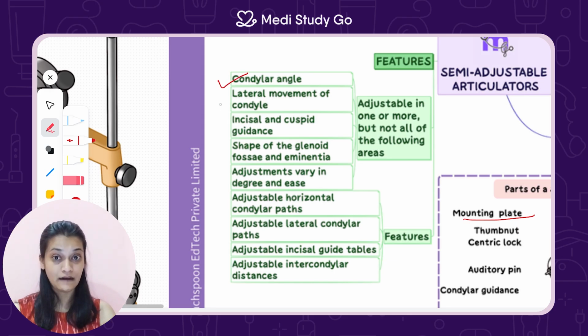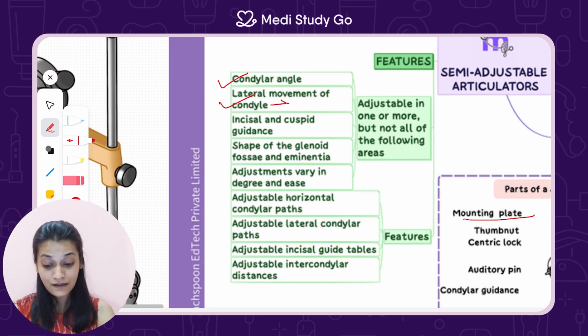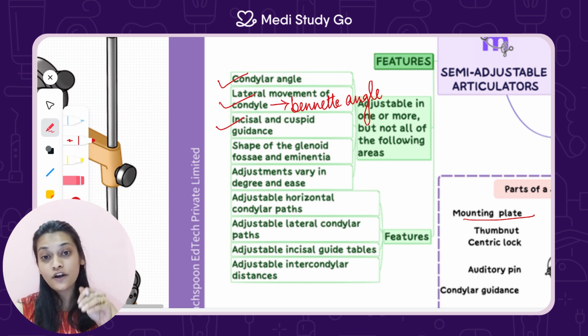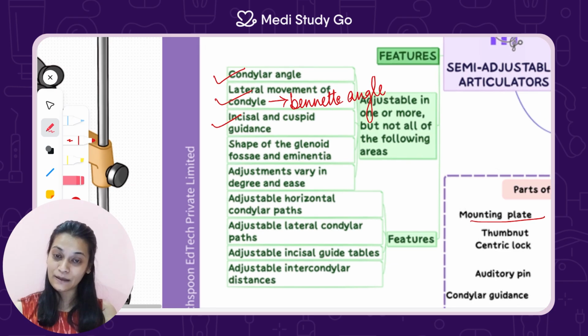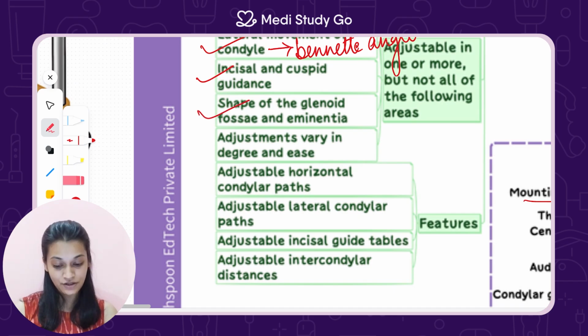It can be condylar angle, your lateral movement of your condyle, correct? So what will this be known as? This will be known as the Bennett angle. Then the incisal and cuspid guidance, the angle of glenoid fossa. So condylar guidance will help you determine the shape of the glenoid fossa.